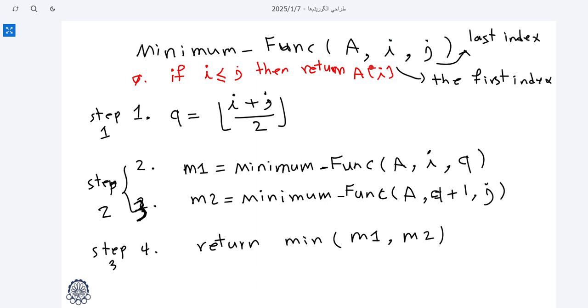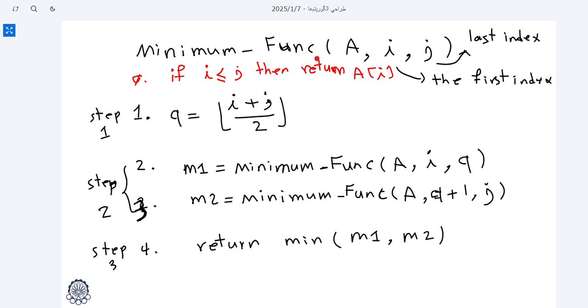This means that if we have only one number in our array, the solution is trivial, and that number is the minimum one, and we do not need to do anything more. So we do not have recursive calls.